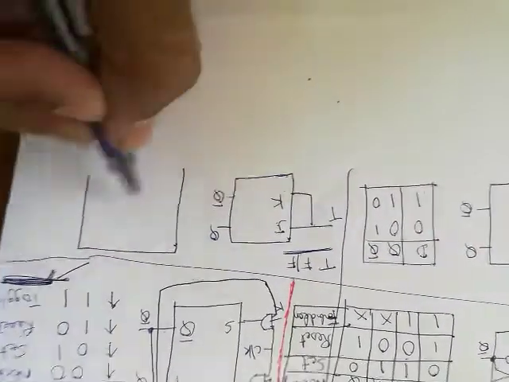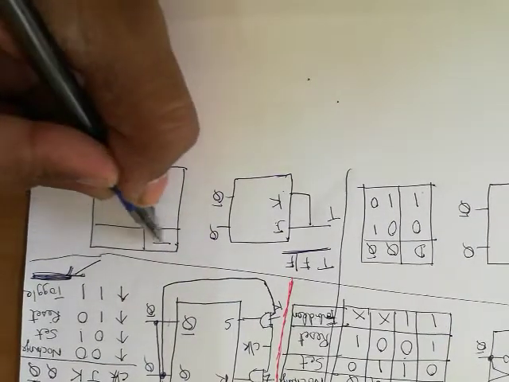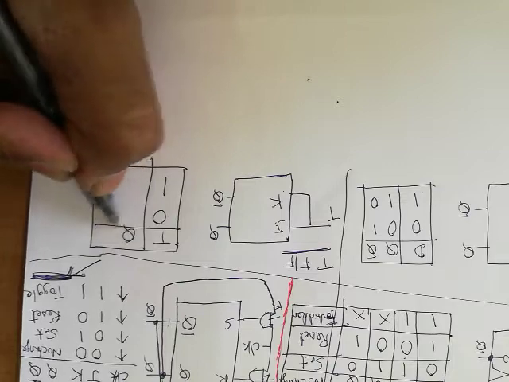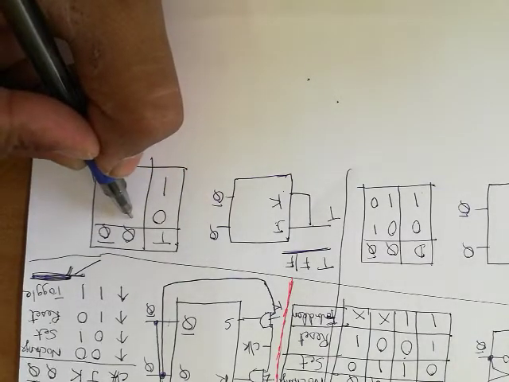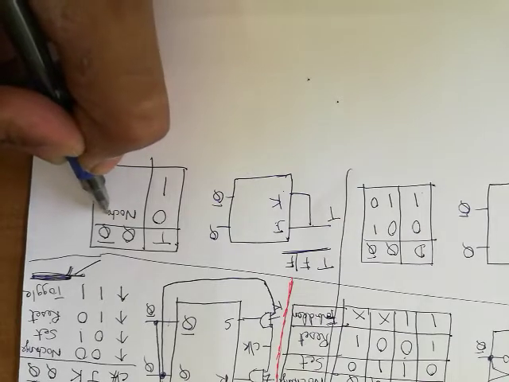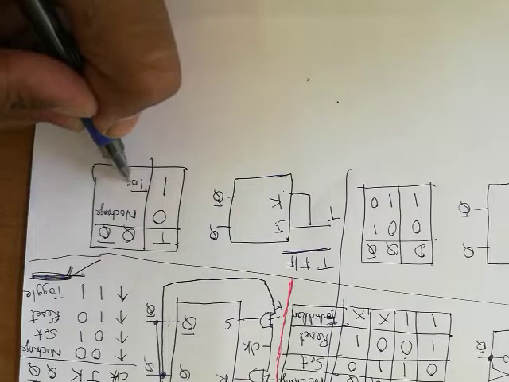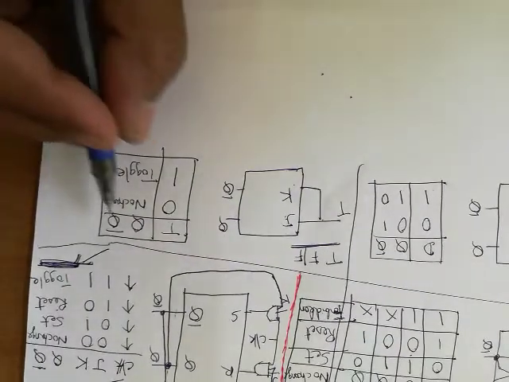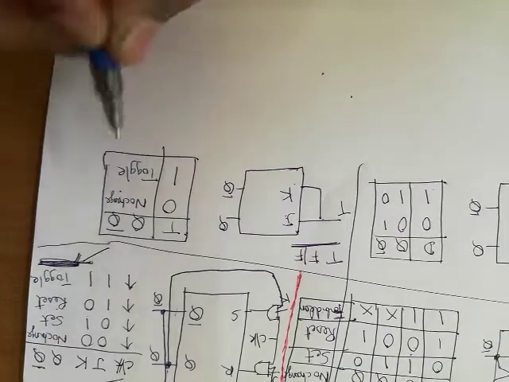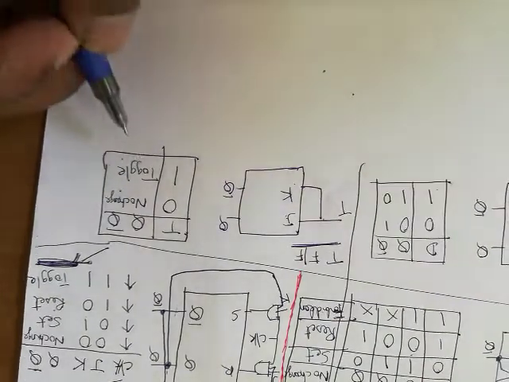Because we have only one input, we will have two possible combinations for T, 0 and 1, with Q and Q bar as our results. If T is 0, no change. If T is 1, toggle. Means whatever is the output earlier, that will either remain the same or it will invert, toggle, one's complement.